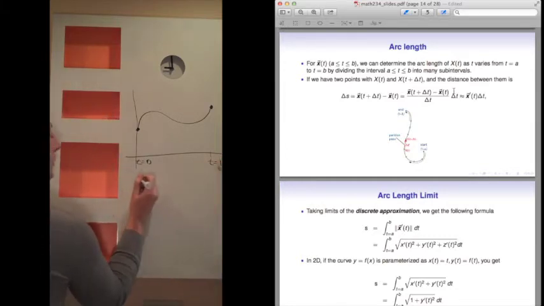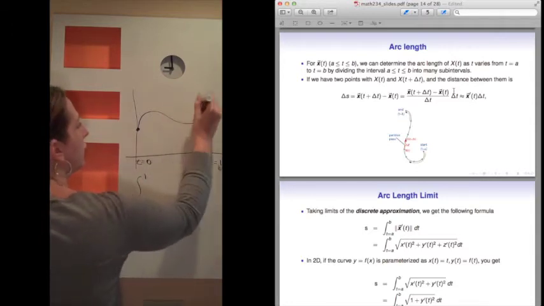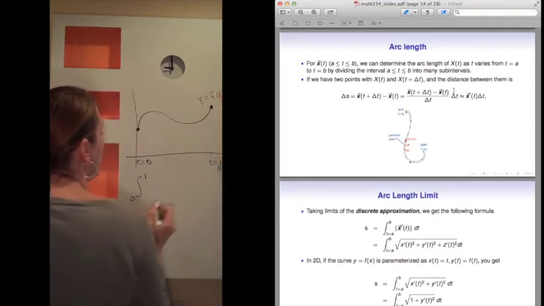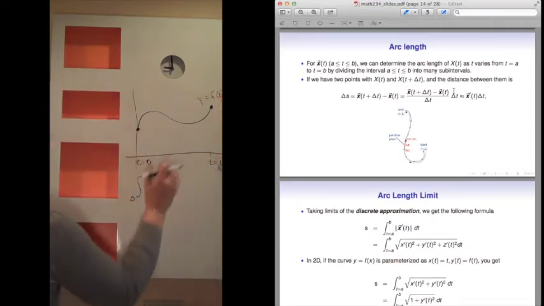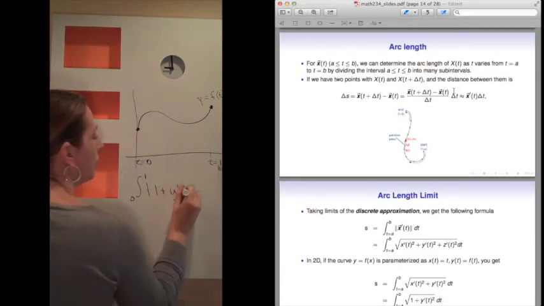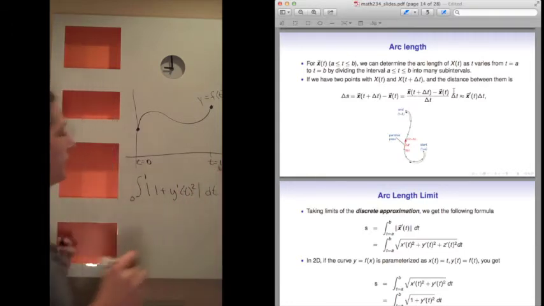And the formula we learned for the arc length, so if this graph looks like y equals f of t, the formula we learned for the total arc length was the integral from 0 to 1 of the square root of 1 plus y prime of t squared dt.